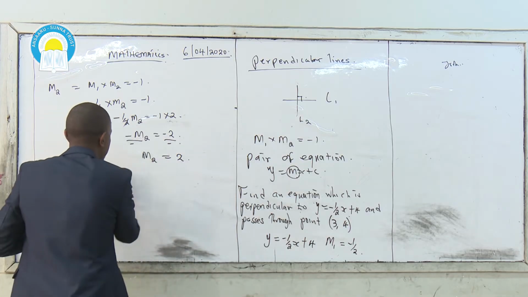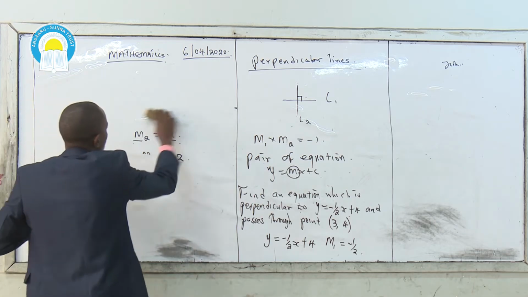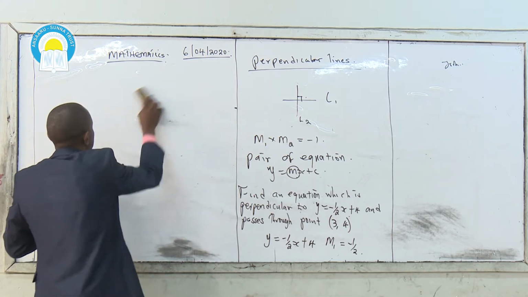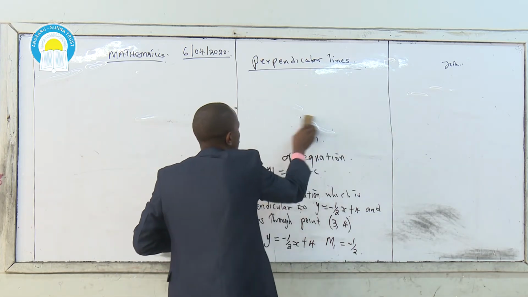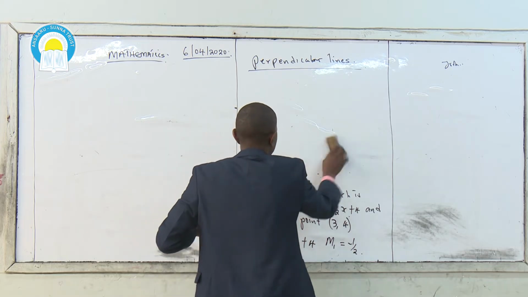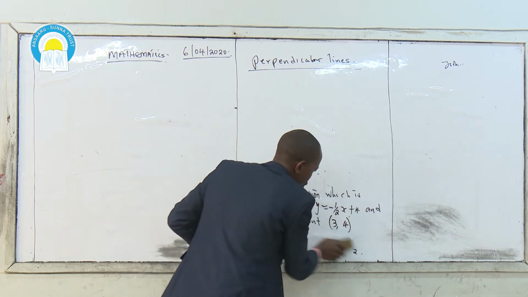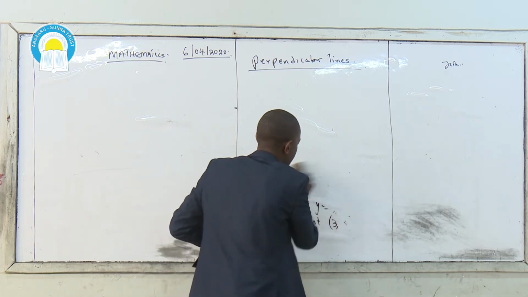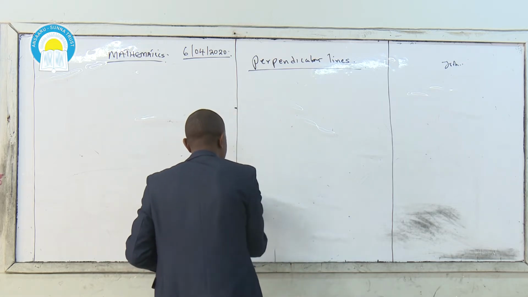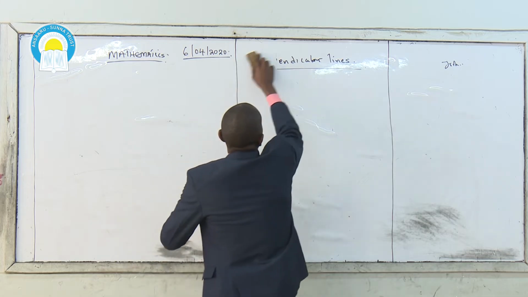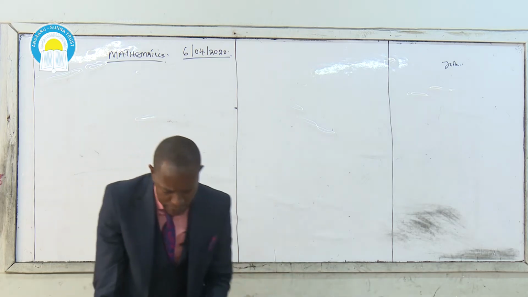Today, I want majorly to talk about parallel lines. I want to take you through parallel lines. That was just a recap of what we did in the previous class, and I had left some questions for you as a student at home to work out and see if you are getting the answers.